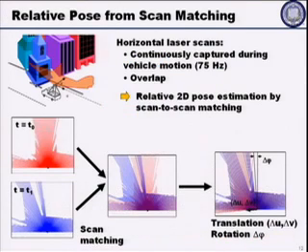So this shows the process of pose estimation, in other words, localization of the truck using horizontal laser scans. So this is a visualization of a horizontal laser scan at, let's say, time t0. This is the next time step, t1. And what you want to do is come up with the translation and rotation parameters that make these two scans match with each other.